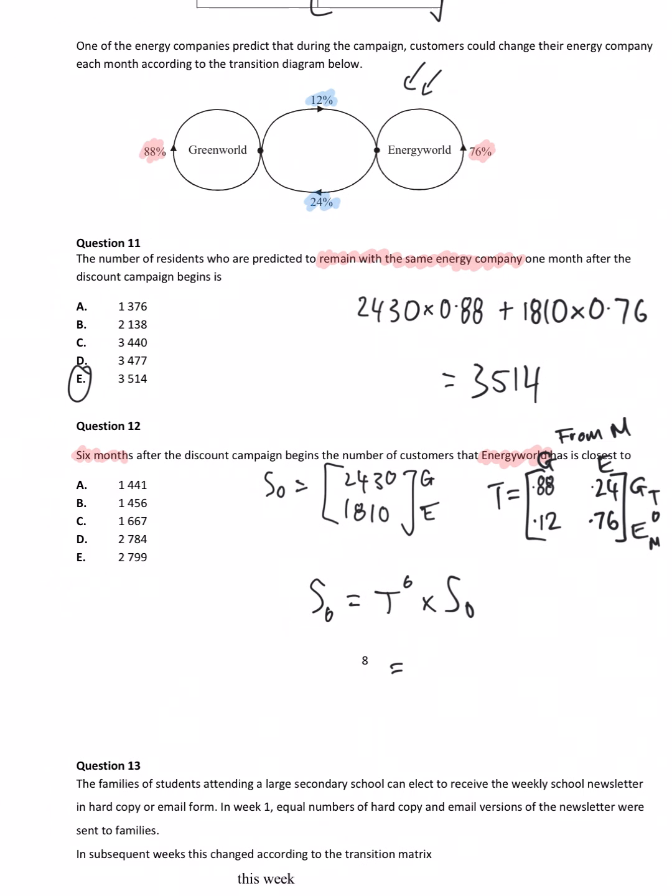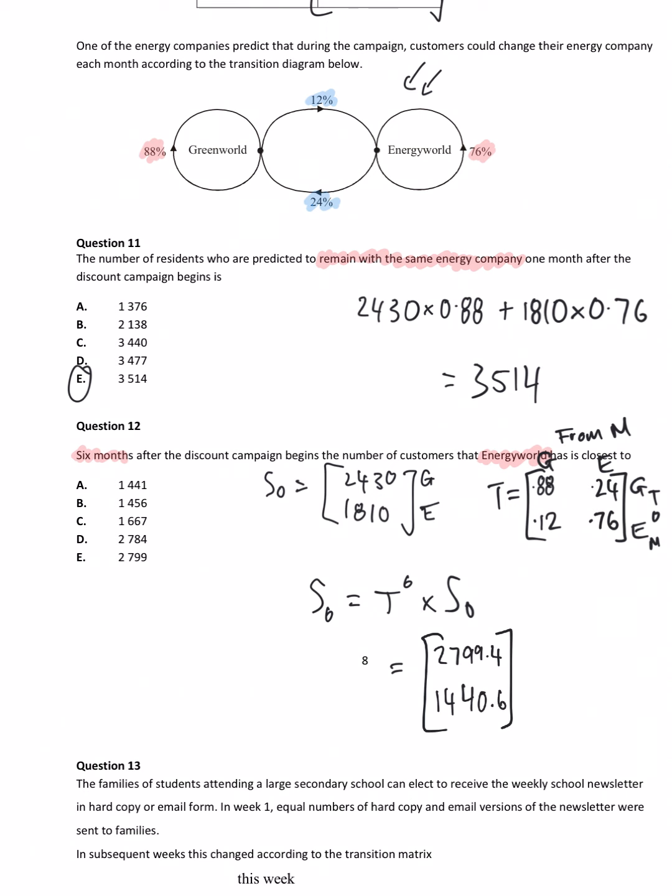What I've got is 2,700 point 9.4, and I've got 1,440.6.